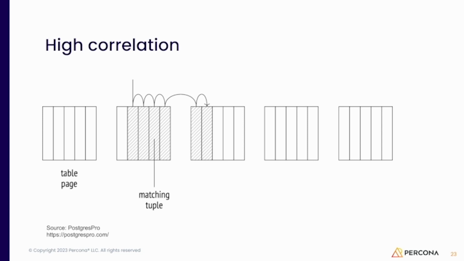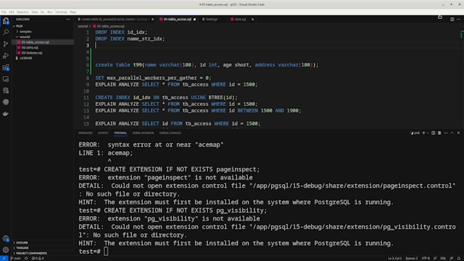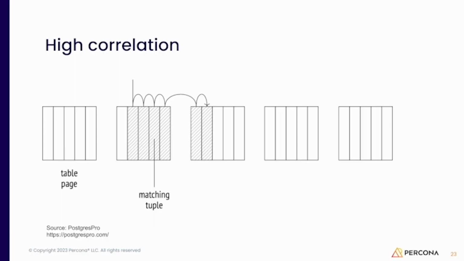This is the best situation, because when we do a select like this one that needs more than one block, just because the data is physically close one to another, the chance that the next data I need is exactly the next block on disk is pretty high, right? So here I have a high correlation of the data.